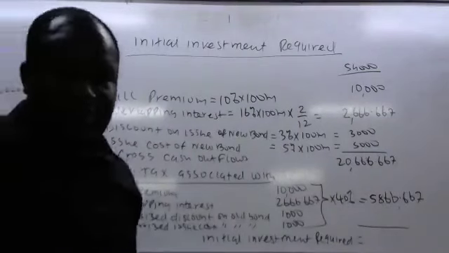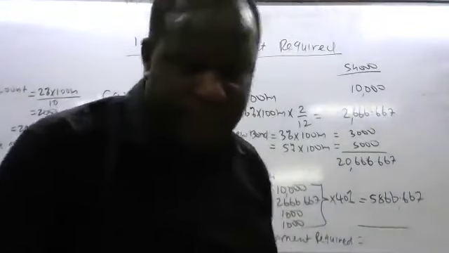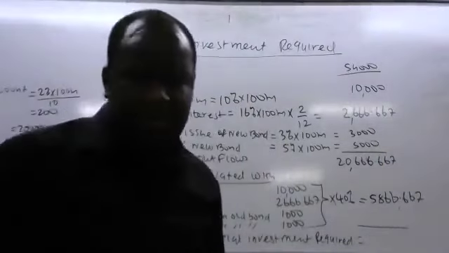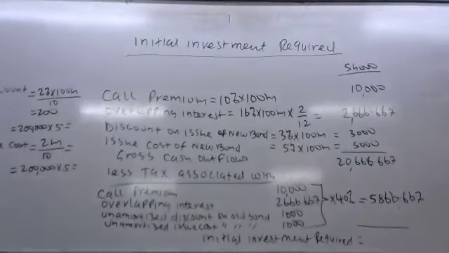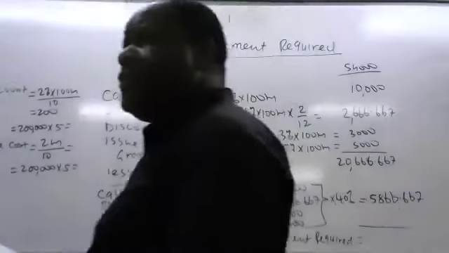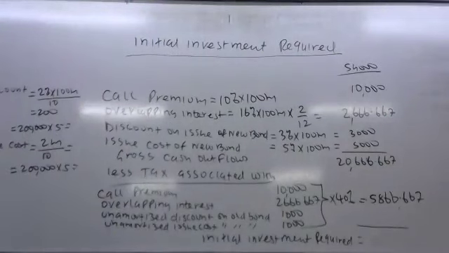So that should now be our Roman letter 1, where they were asking me to compute. They wanted you to compute the initial investment required to issue the new bond.